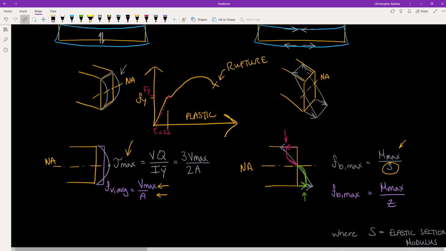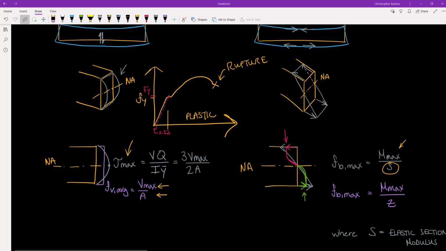The truly important concept to know here from this discussion is that elastic shear stresses in a beam follow a parabolic curve with a maximum stress at the center of the beam. Also, elastic bending stresses are linear from the top of the beam to the bottom, with the maximum stresses at the outermost edges of the member.